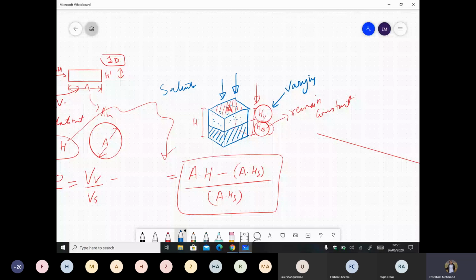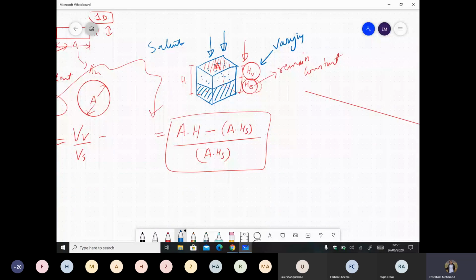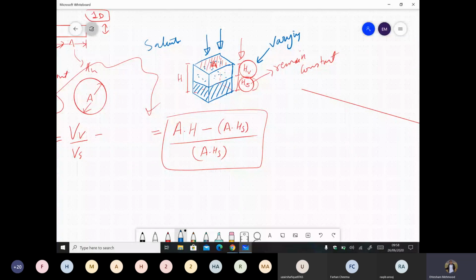Don't consider this as real life, because these concepts of voids and height are all in the three-phase diagram. So that's why I have related this equation with the three-phase diagram. Imagine the area of cross section of the three-phase diagram is A, and we are applying load from the top. There is only deformation in the vertical direction, and as hs is constant, there is no deformation in the soil solids.